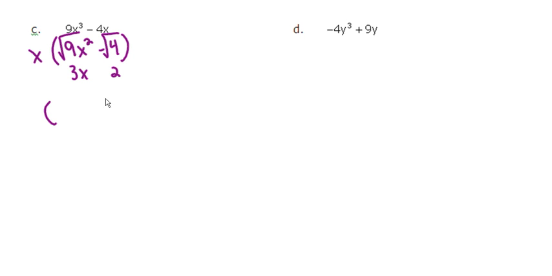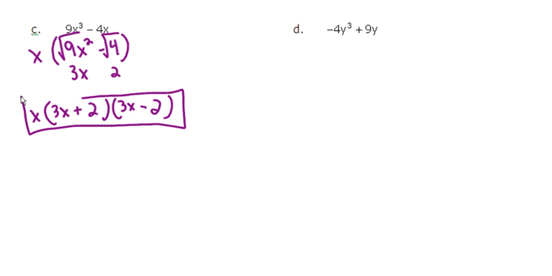So I have two parentheses, one plus sign, one minus sign. I have 3x plus 2, 3x minus 2. Now don't forget about your GCF. We took out an x to begin with. So there's my answer.